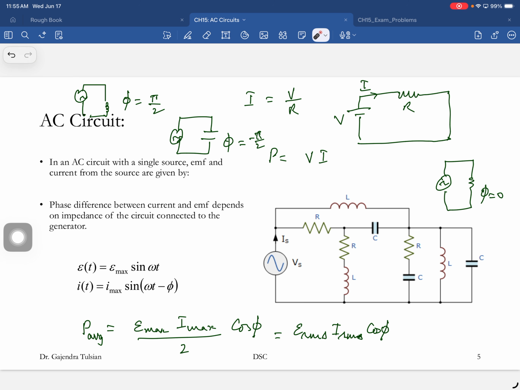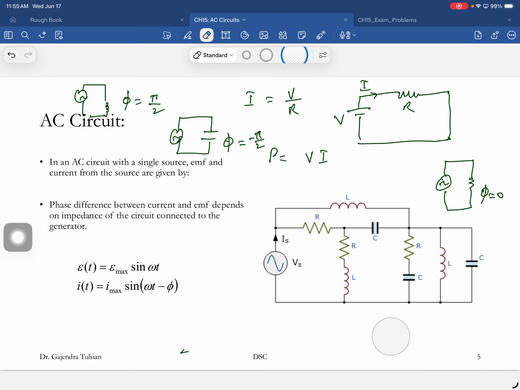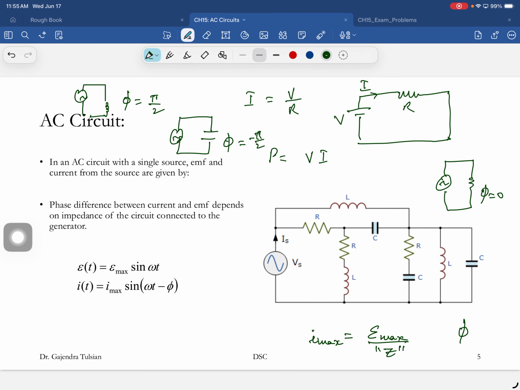All right, so you've seen it. All right, do you guys understand this? So what we're doing is we're connecting an AC source to your load, and there are two things that we're looking for. So these are the two things we want to find. Imax is Emax over Z. Z is your impedance, and then the power factor is phi.